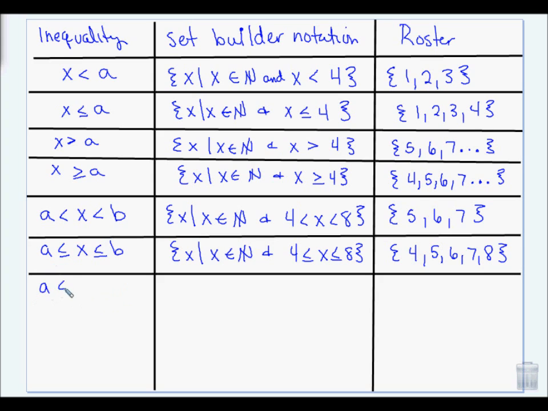Sometimes you get a mixture. So here I have a less than or equal to, and here I just have a less than. So if that happens, it includes the 4, but not the 8.